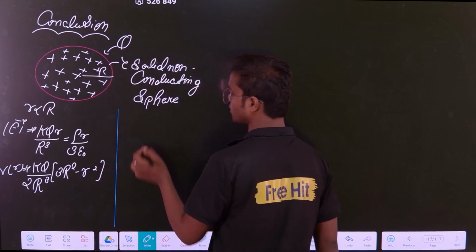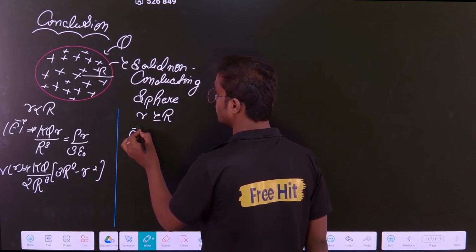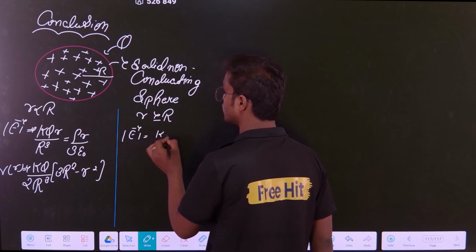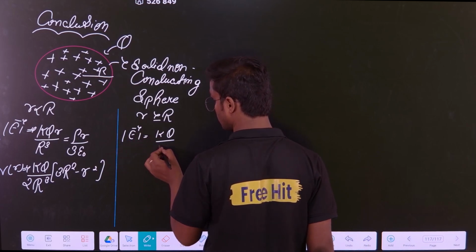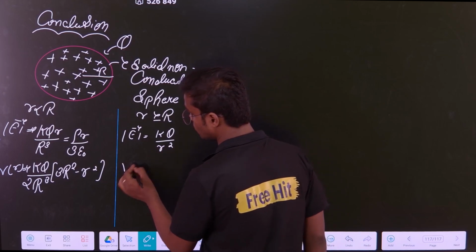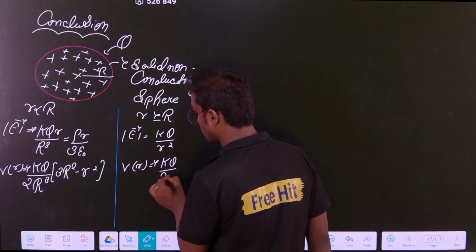And for r greater than or equal to capital R, what is the electric field? That is kQ by small r square. And what is the potential outside? That is kQ by small r.